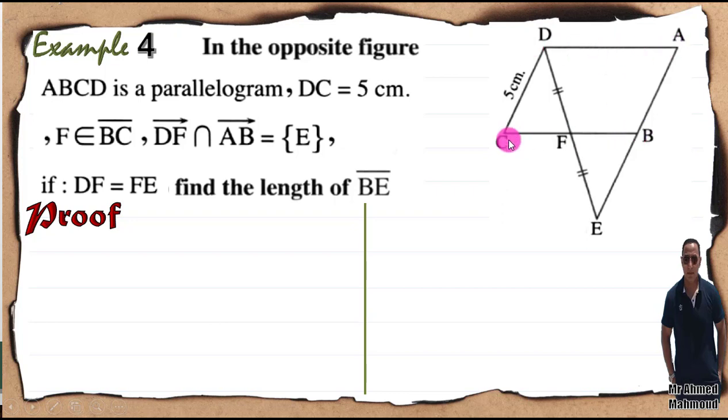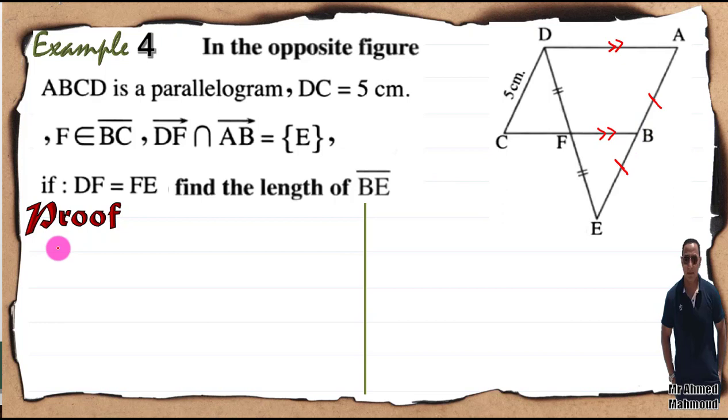Because AD and BC are parallel. So now in the triangle we have two givens. We have F is a midpoint and we have FB parallel to AD. So we conclude that B is a midpoint of AE, and also that FB equals half AD, but I don't need the last conclusion anymore. I need only that to prove that B is a midpoint.